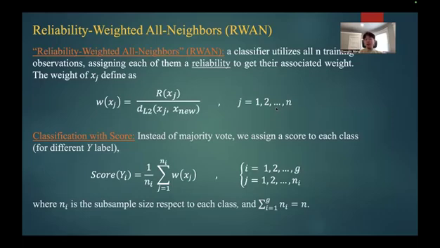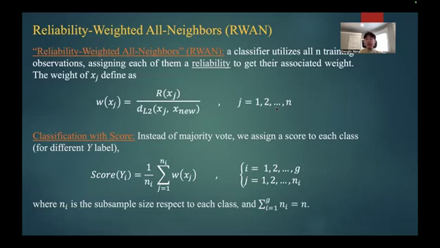Instead of the majority vote as in the original k-NN, we define a score, and we vote for the maximum score. We define the score as the sum of all weights within each class divided by that class's subsample size.